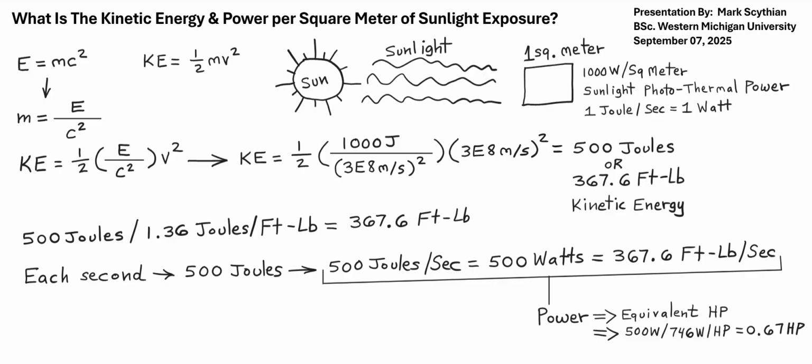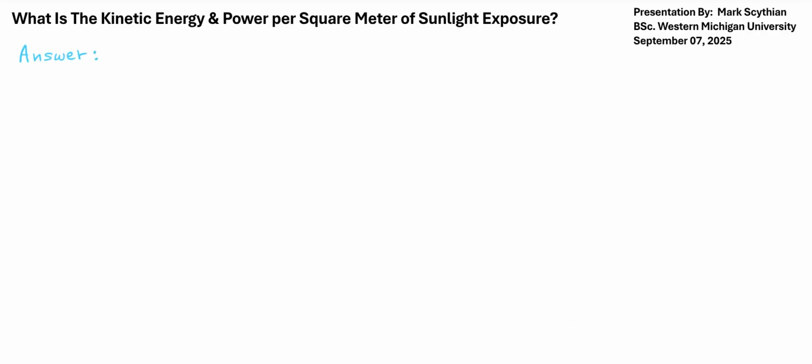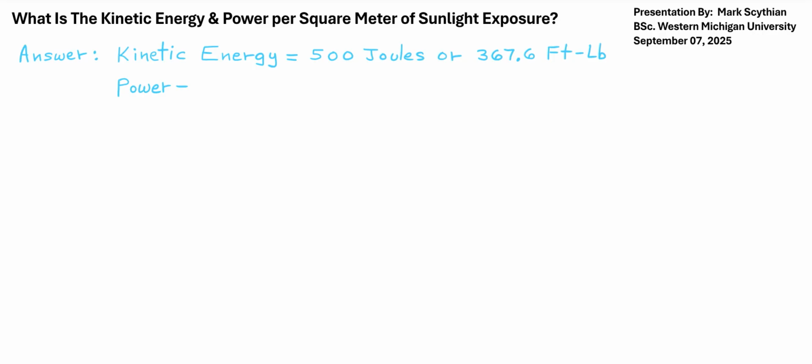So to answer the question, for quick reference, what is the kinetic energy and power per square meter of sunlight exposure? The answer is 500 joules, or 367.6 foot-pounds of kinetic energy per square meter.